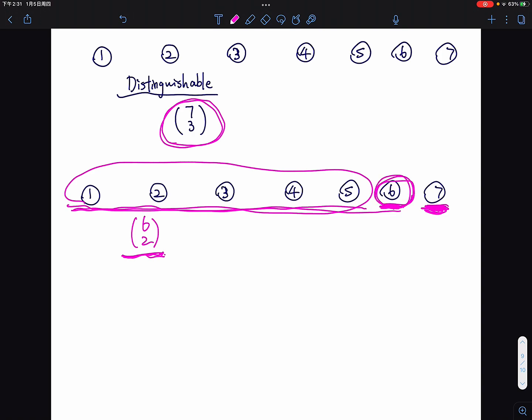So if we choose 6, we're left with 5 balls, and we're going to choose 2 of them, right? What would we have? We're going to have 5 choose 2 cases, correct? And if we do this repeatedly, we're going to end up with 6 choose 2 plus 5 choose 2 plus 4 choose 2 plus 3 choose 2, all the way down to 2 choose 2, right? And we're not going to have 1 choose 2, because that just does not make sense mathematically.